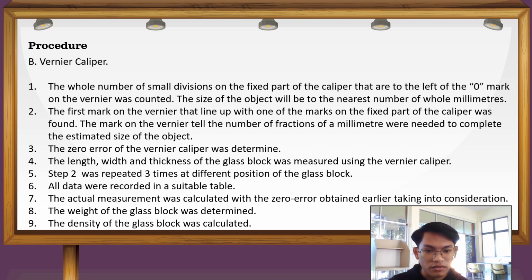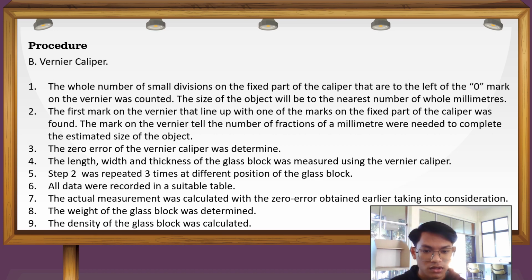Next, the first mark of the vernier that lines up with one of the marks on the fixed part of the caliper was found. The mark on the vernier tells the fraction of the millimeter needed to complete the estimated size of the object. Next, the zero error of the vernier caliper was determined. The length, width, and thickness of the glass block was measured using the vernier caliper.